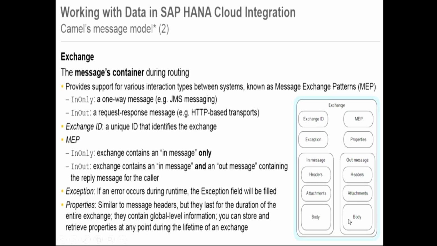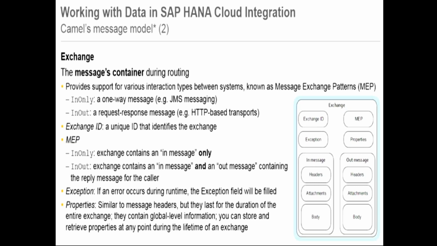But in my message exchange pattern, I would be provided with the exchange ID. One unique ID will be added to my message throughout, which would be unique. Because based on that exchange ID we can find a message in the HCI. One exception field will be filled if there is an exception occurring. Any error occurring, then that exception field is filled out.